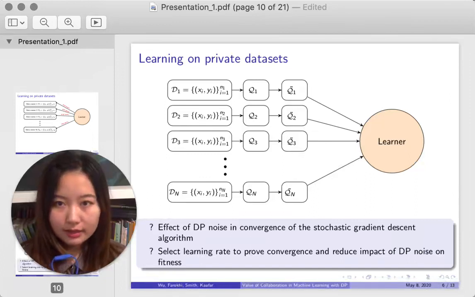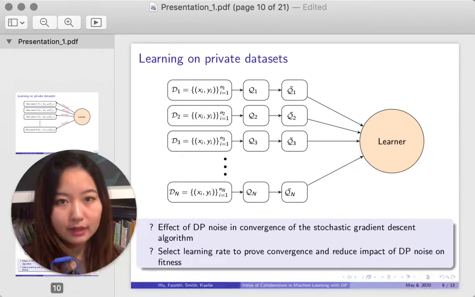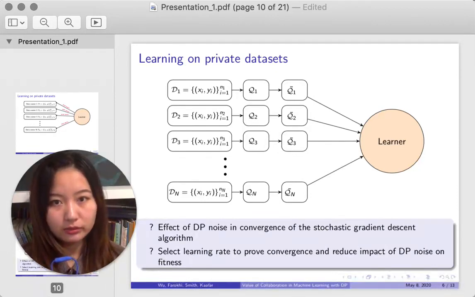The learner gathers all DP gradient responses from all data owners and trains a machine learning model. So here's a question: how do we handle the effect of DP noise on the convergence of the stochastic gradient descent algorithm? And what learning rate should we choose to prove convergence and reduce the impact of DP noise on the fitness cost?